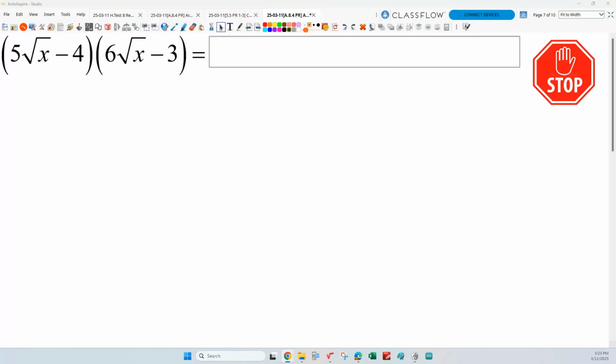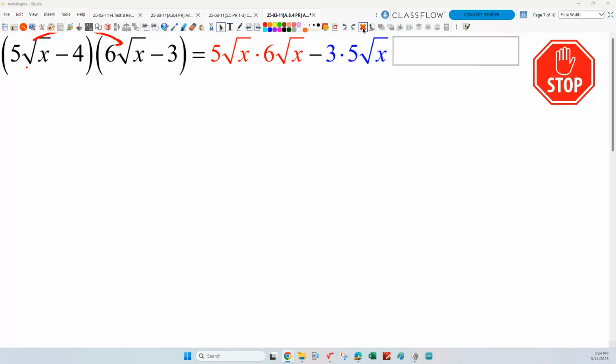Distribute, right? So if we distribute the 5 square root of x, first thing we would do is this part, right? We're going to do this up here. Agreed? Okay, next thing we do is this.